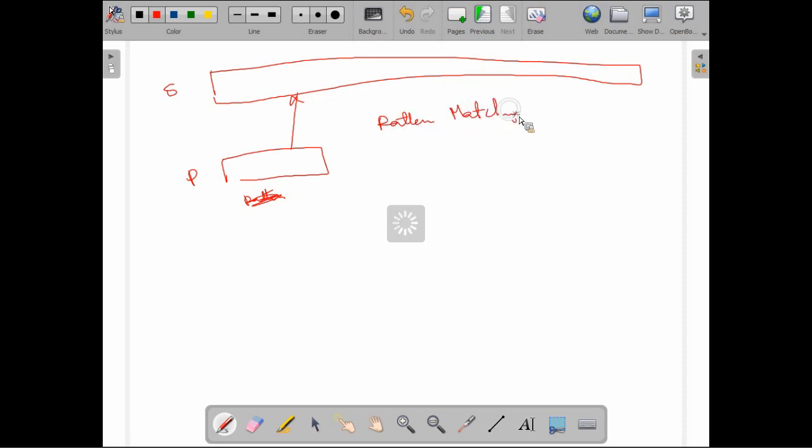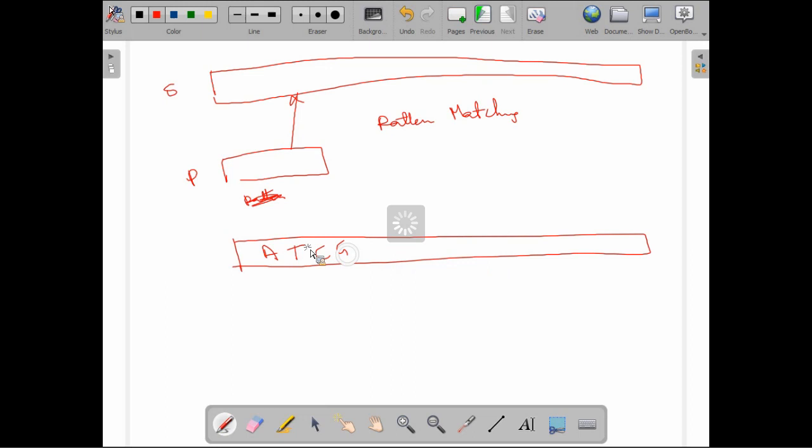There are many applications where we need it. One of the immediate applications which comes to my mind is this: you are given a big gene sequence consisting of A, T, C, G, the gene pattern. This is your DNA sequence.